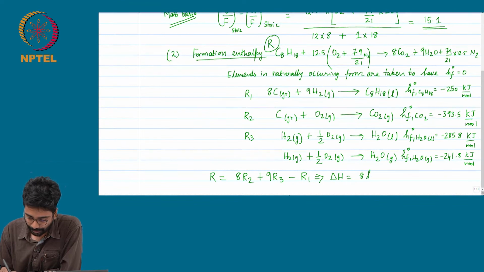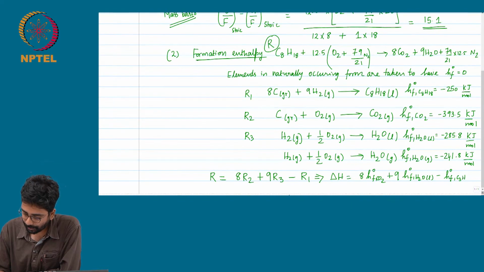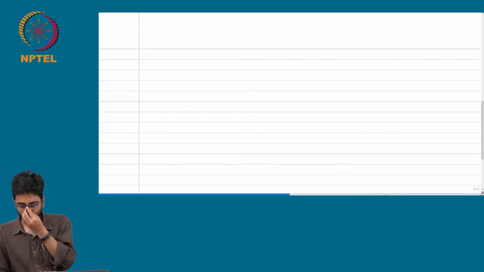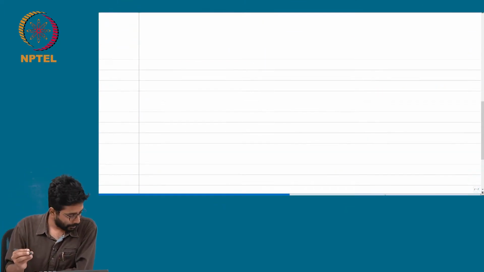8 times the formation enthalpy of CO2 plus 9 times the formation enthalpy of H2O liquid minus the formation enthalpy of octane, sorry, C8H18 liquid. You can plug in the numbers.